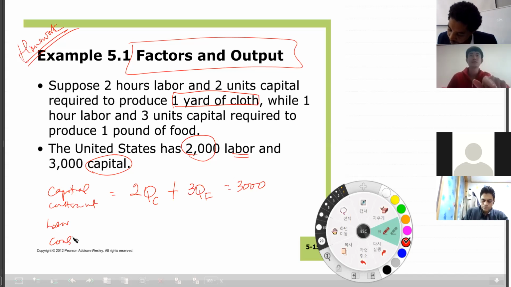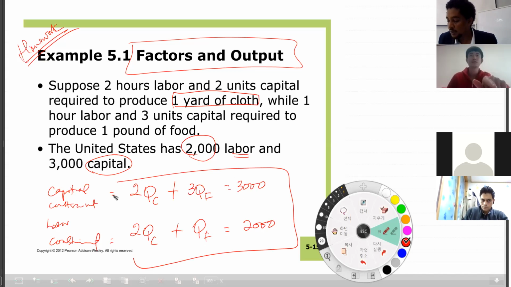Okay, to compute the labor constraint, we have 2 hours of labor to produce clothes, plus 1 unit of labor to produce food. So QF is equal to 2,000. Okay, so these are the 2 equations we have. Then from this you can find the production possibility frontier graph, right?